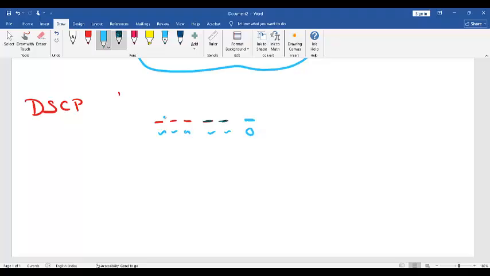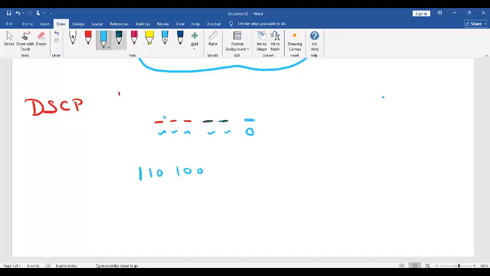And let's say you have 1, 1, 0, 1, 0, 0. How do you need to convert this into a readable format?